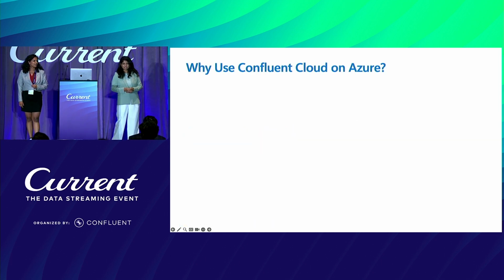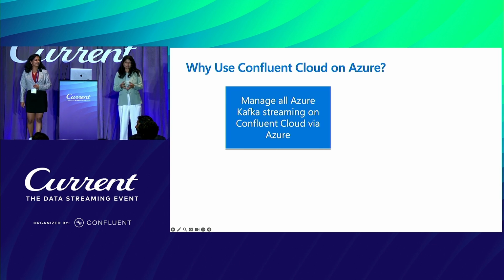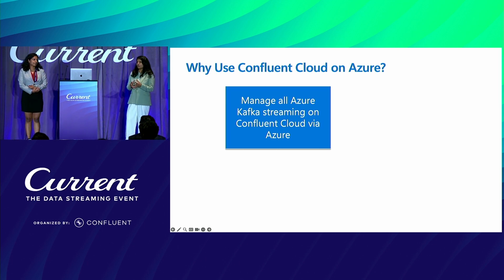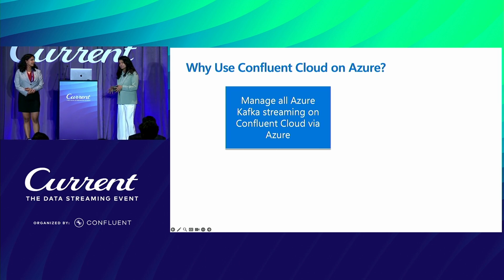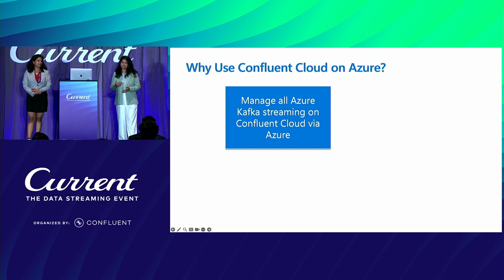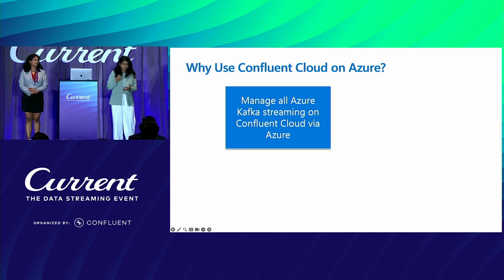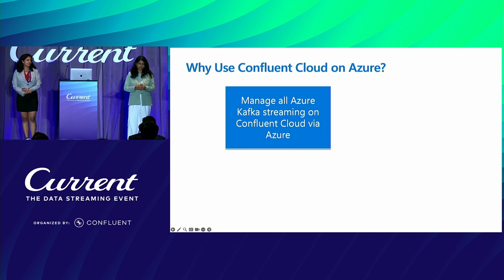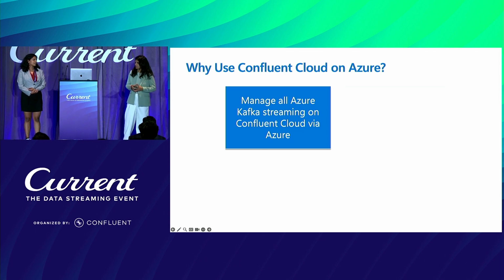Coming to the next slide. So why do you need to use Confluent Cloud in Azure? Confluent is available through the different marketplaces. It's available without the marketplaces also, and even on-prem also. But why Confluent Cloud on Azure? So when you install the resources for Confluent in Azure, you'll have all the resources streaming in Azure and in the Confluent Cloud.